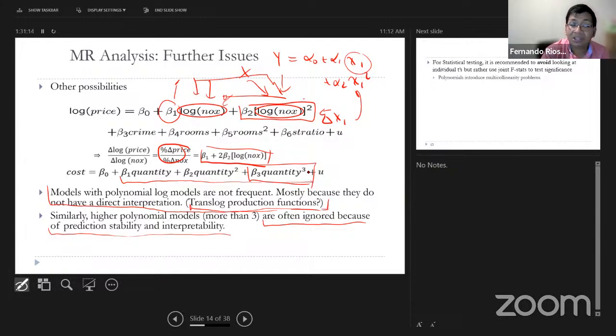In those cases, you might want to add more flexibility, but still you need to be careful about how much flexibility you can afford. There is a sweet spot between flexibility and how much information you have in your data that would allow you to add something like this.